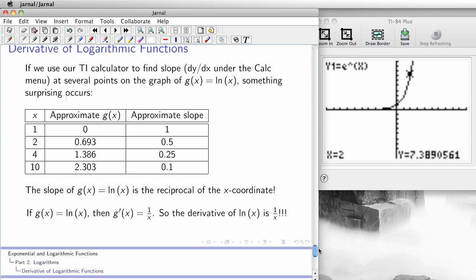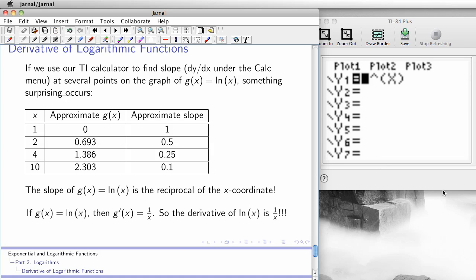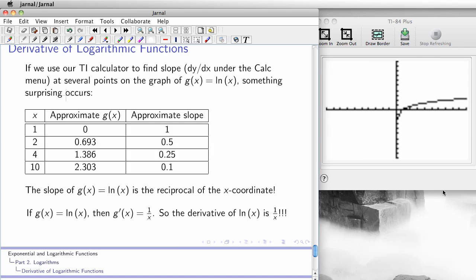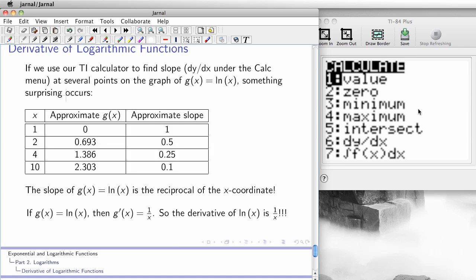If we investigated derivatives again, so I'll come back to my calculator and we'll do that. If I use the natural log of x as my function, and again, just draw a graph. You see it over here. If I turn on my calc, so second trace is my calc menu, and again, choose option 6, dy/dx.